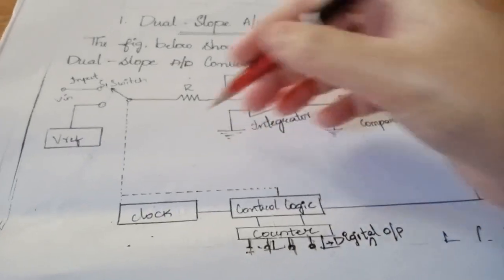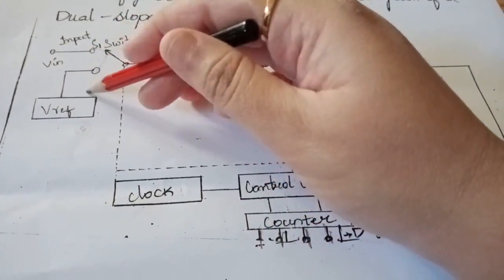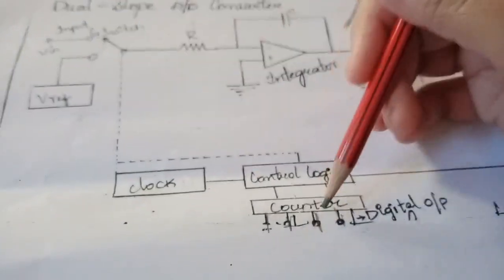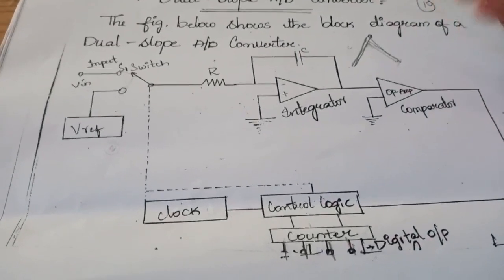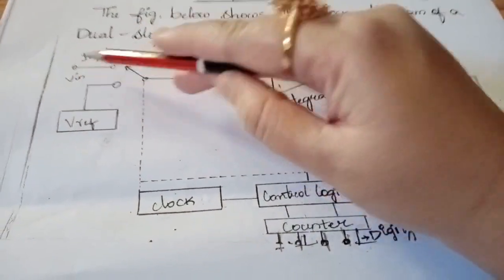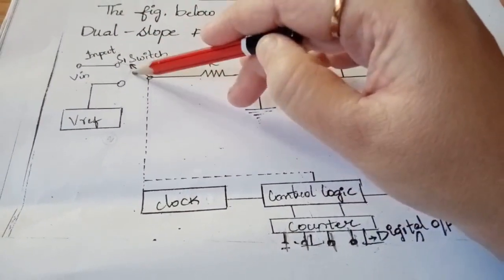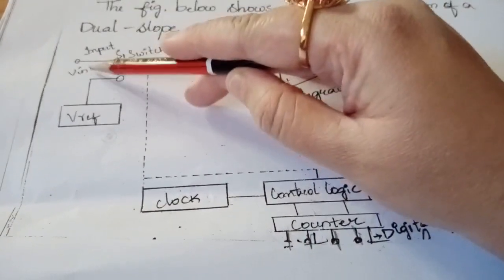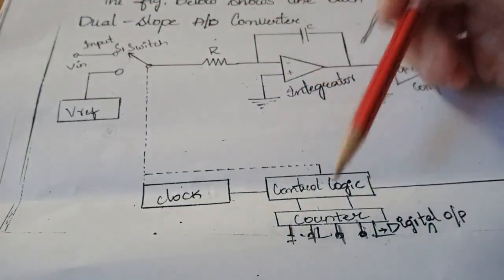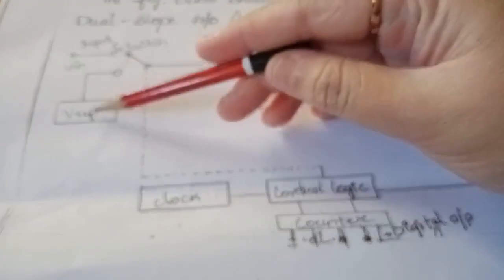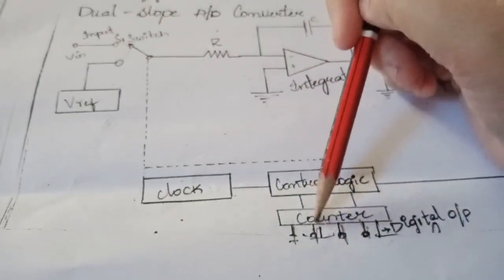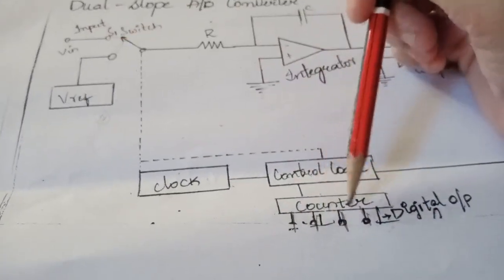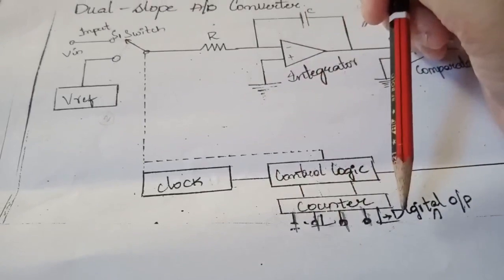Now whatever equivalent variable input voltage we get, that voltage equivalent we will get here. See, once again I am telling, first the switch is connected to the variable input. So what is happening? We want the actual variable input output only here, not the reference output. If it is 2, here also we should get the value of 0 0 1 0.